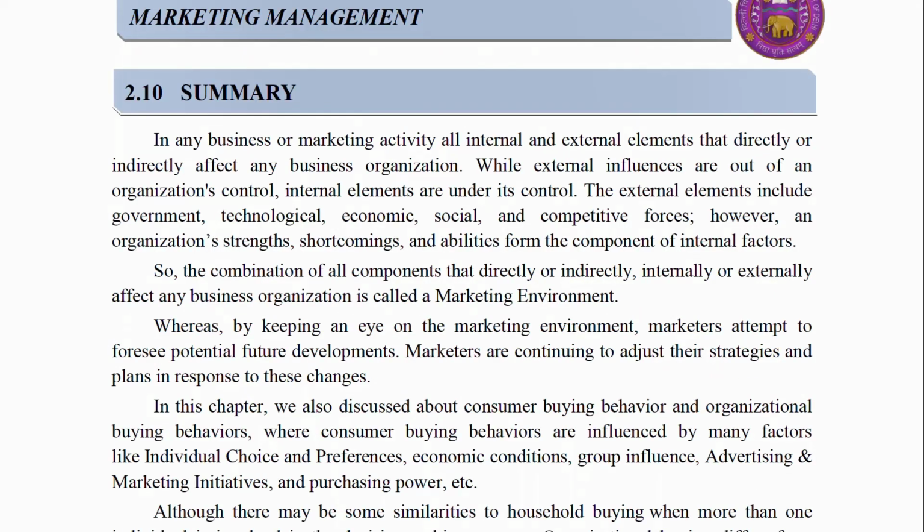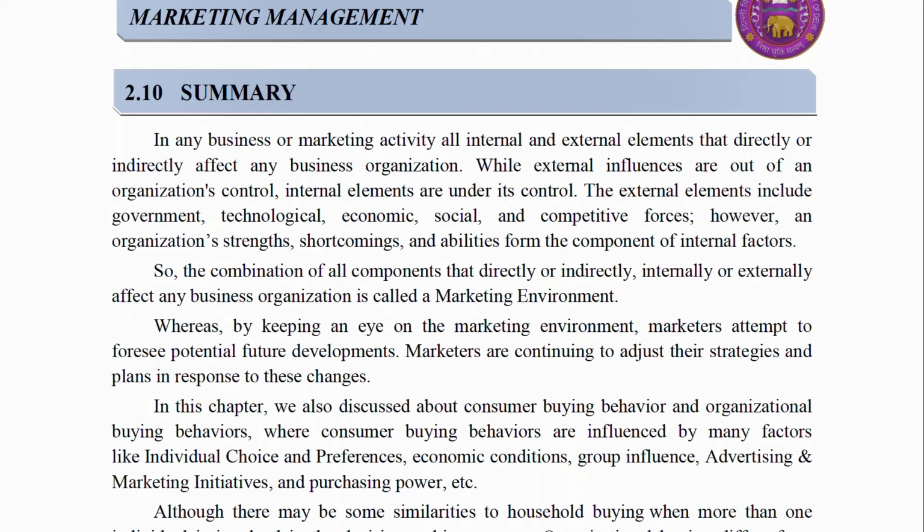2.10 Summary. In any business or marketing activity, all internal and external elements directly or indirectly affect any business organization. While the external influences are out of an organization's control, internal elements are under its control. The external elements include government, technological, economic, social, and competitive forces. However, an organization's strengths, shortcomings, and abilities form the component of internal factors.